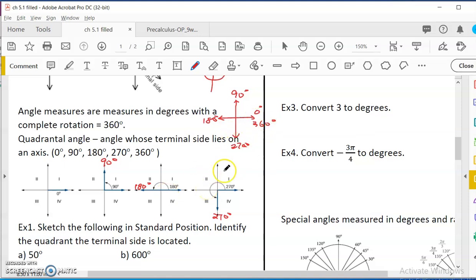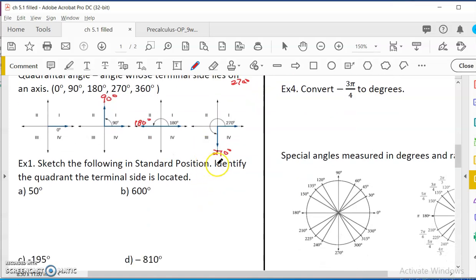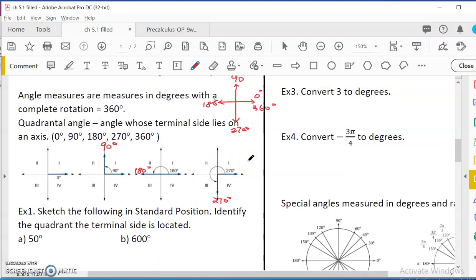We can also identify angles by where the terminal side stays. If the terminal side stays on the axis, it's called quadrantal angles. Quadrantal angles are the angles whose terminal side lies on an axis.